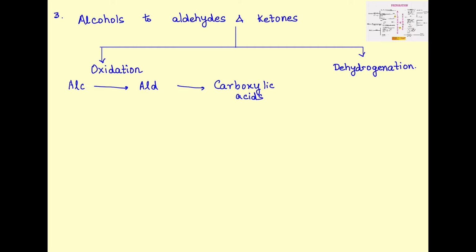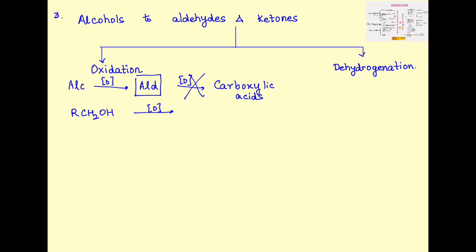This oxidation was very, very easy with strong oxidizing agents, even weak oxidizing agents for that matter. But what we are concerned with at present is the conversion only up till aldehydes. We don't want this reaction to take place. So how do we go about it?